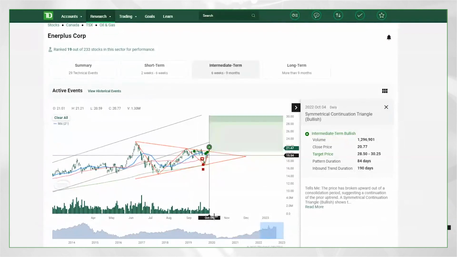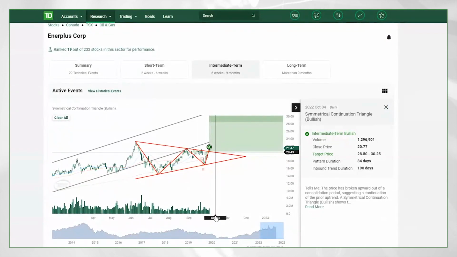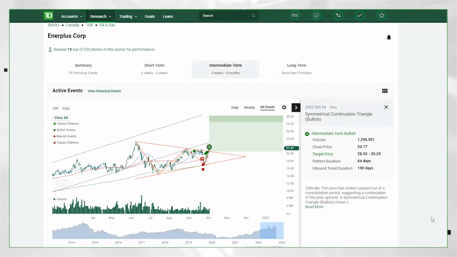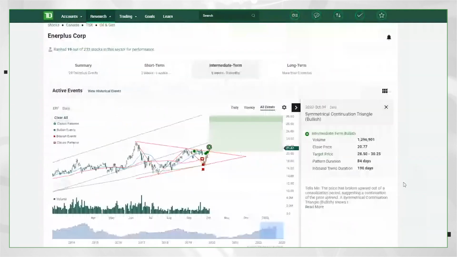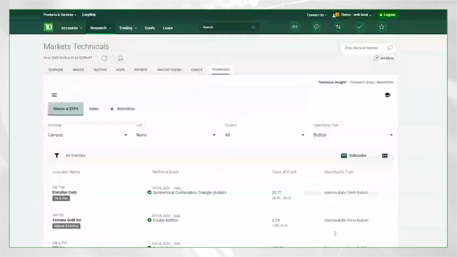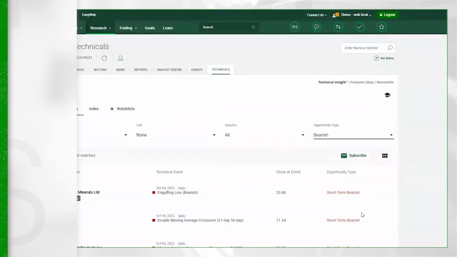And you can see how our software has automatically detected a specific psychological movement in the market, right? This is a continuation wedge, you can call it, a symmetrical continuation triangle. You can see this great example here. And we give you a whole bunch of tools we'll get into. But just to answer your question, this is the quickest way of getting a bullish screen set up right away. And all you have to do is click on bearish, and it's going to reverse the entire thing right away.